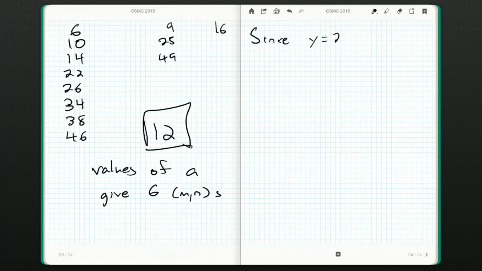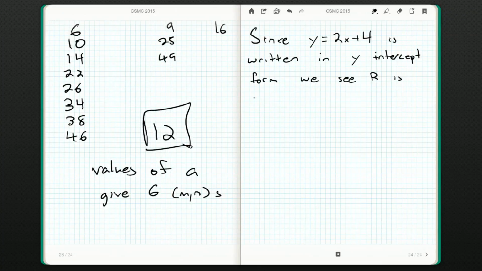Since y equals 2x plus 4 is written in y-intercept form, as opposed to the other forms like standard form or x-intercept form, we see r is at 0, and the y-coordinate is going to be 4.